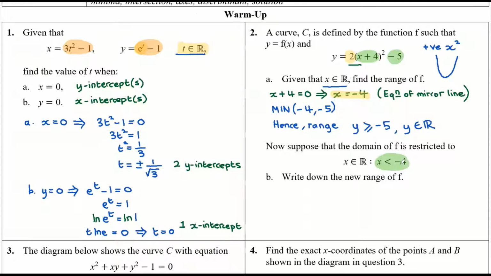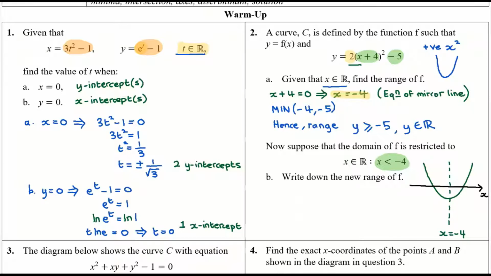So we could just sketch what's going on here. If I just put the quadratic on here like this, and we put x is equal to -4, that equation there. And we know it has a minimum at -5, so there'll be some x-intercepts along here.